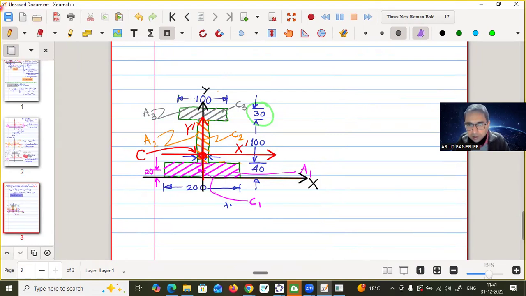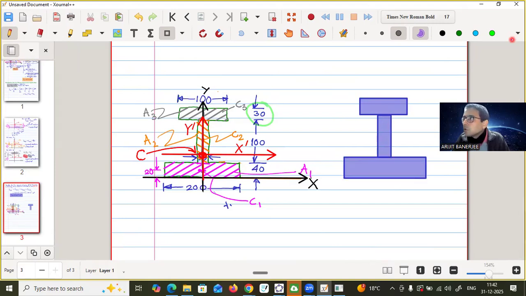So for the whole area like this, we know the axis.